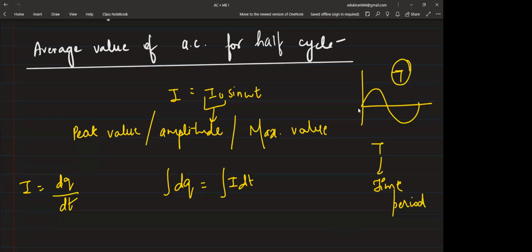Time period means the total duration from the initial point to the final point. Now this pattern will be repeating. This is the total time. But if we are calculating it for a half cycle, our time will straight away be T by 2. That's it. This derivation further I'll continue.